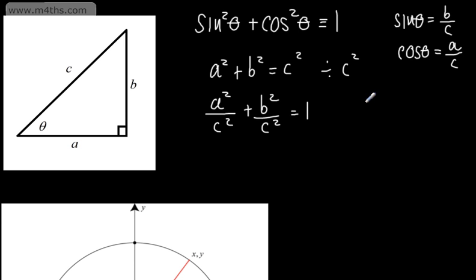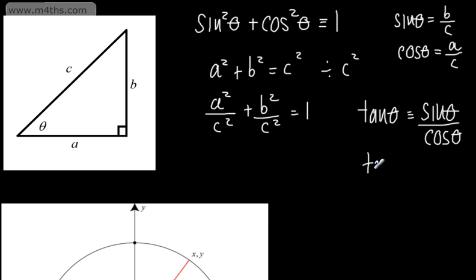If we look now at tan theta, we've already seen that tan theta is sine theta over cos theta. So if we just consider now, we can see that tan theta is going to be b over a.